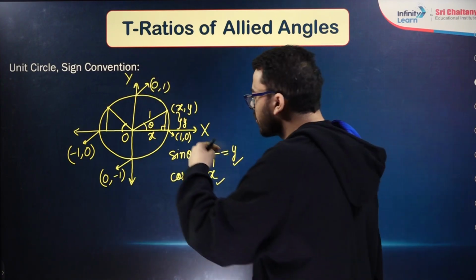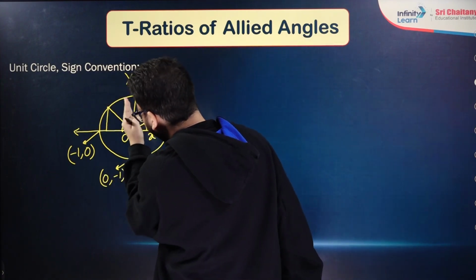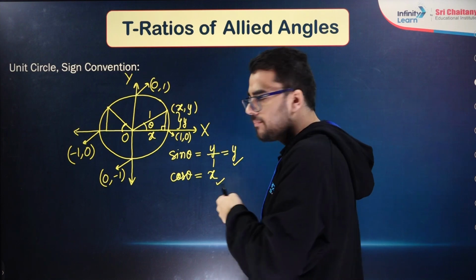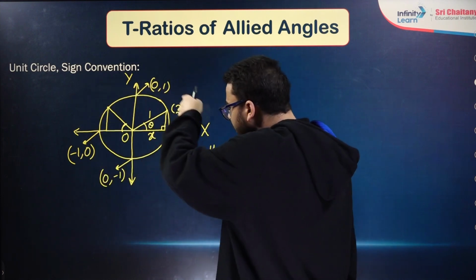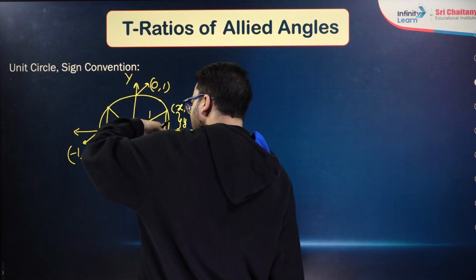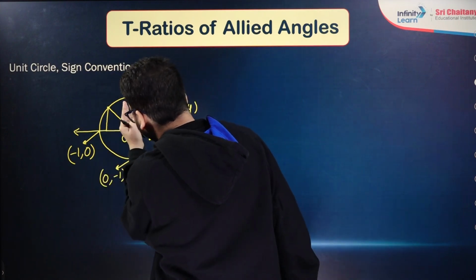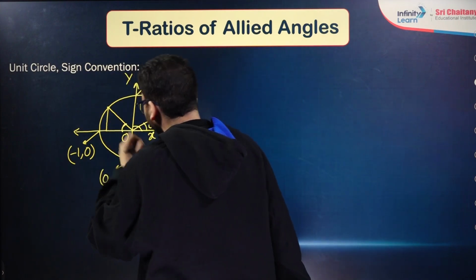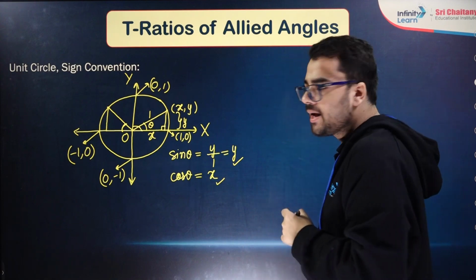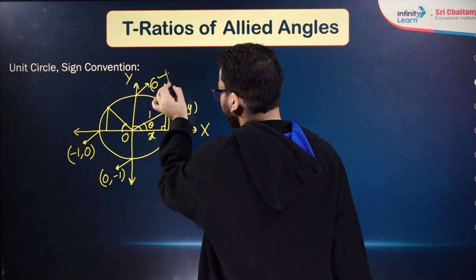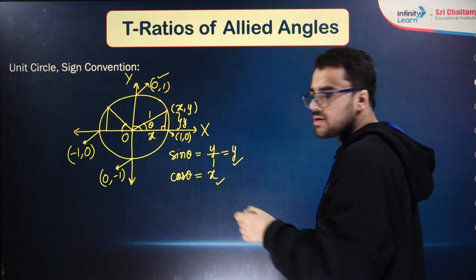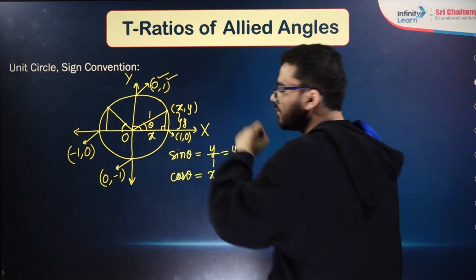You know that when you are rotating in the anti-clockwise direction, you get positive angle, and when you rotate in the clockwise direction like this, you get negative angle. So if you are rotating up till this, I will say that this angle is 90 degrees, right? And the corresponding x coordinate is cos of that angle and the corresponding y coordinate is sine of that angle.